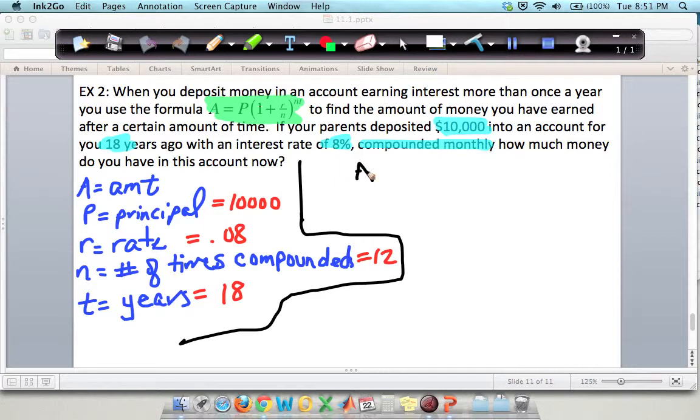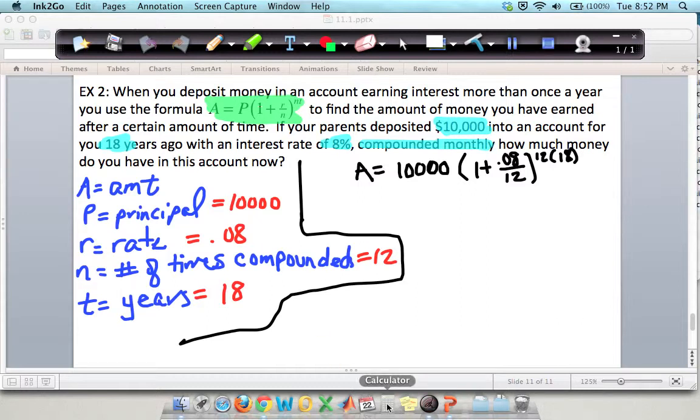So I get A equals 10,000 times 1 plus 0.08 divided by 12, raised to the 12 times 18 power.